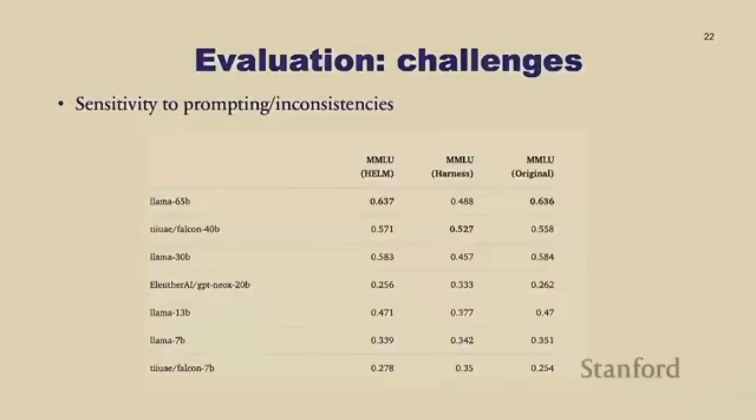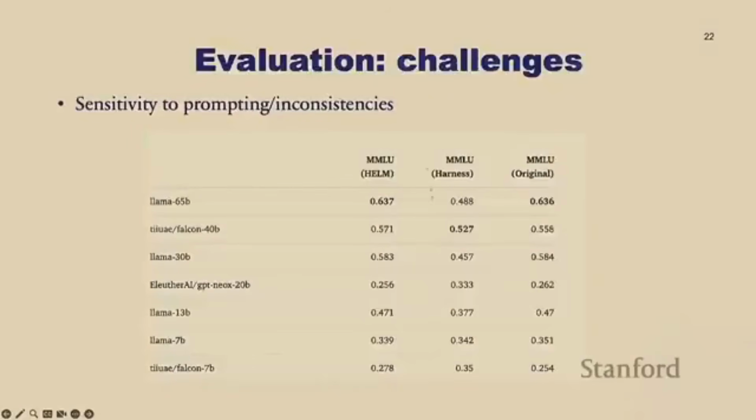Okay, so evaluation challenges, there are many. I'll just talk about two really briefly. One, as I told you, there are two ways of doing evaluation for these MMLUs. Actually, there are many more than two, but I gave you two examples. It happens that for a long time, even though that was a very classical benchmark that everyone used, different companies and different organizations were using different ways of evaluating MMLU, and as a result, you get completely different results.